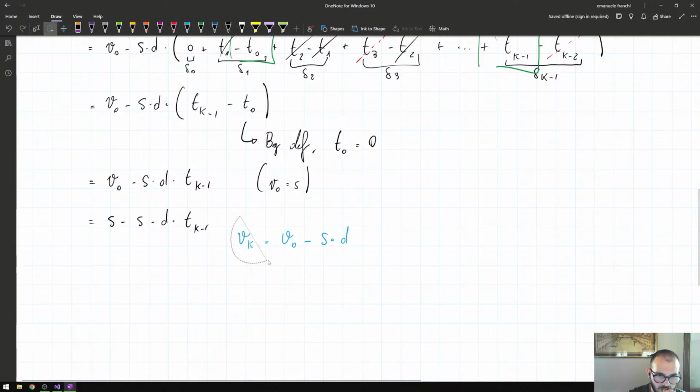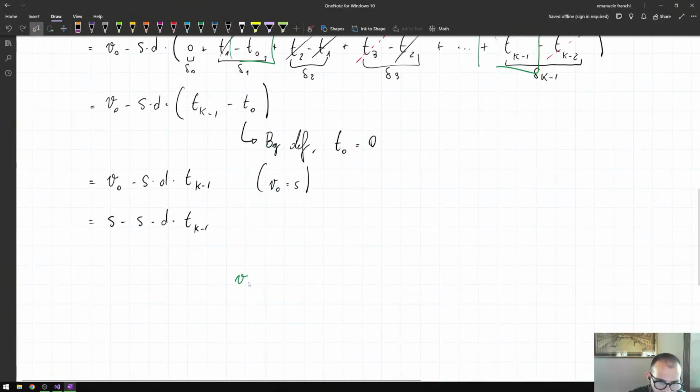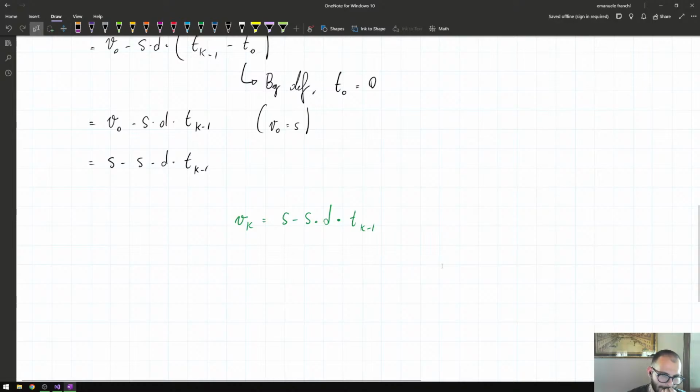So what we proved is that at the end of the day, Vk is just S minus S times the damping factor times t k minus 1.